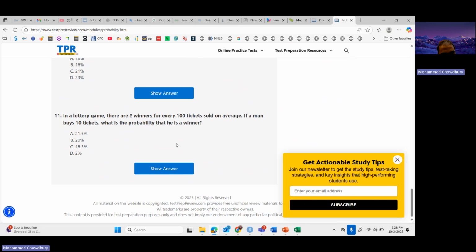If a man buys 10 tickets, what is the probability that he is a winner? So see, out of 100, 2 winners on an average. But he bought just the 10. He did not buy the 100. But he still has the 10%.